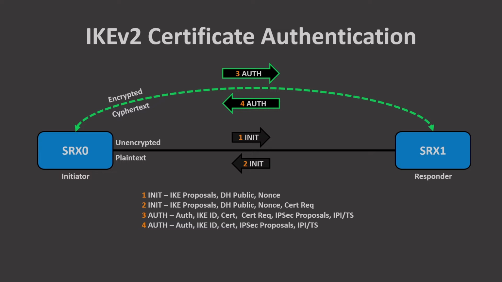And then SRX0 gathers that information and not only verifies the IPSec proposals and the traffic selectors match for the corresponding child SA, he also verifies the cert that SRX1 sent. And if he verifies it successfully, he takes the public key off, decrypts the auth block, and verifies the signature. Verifies SRX1 has the corresponding private secret key.